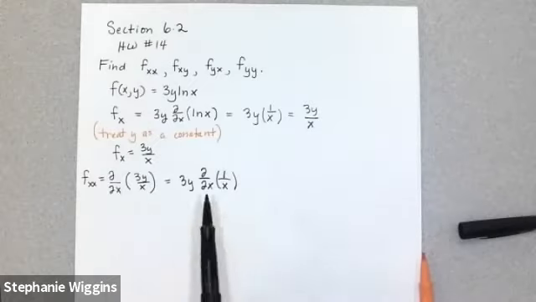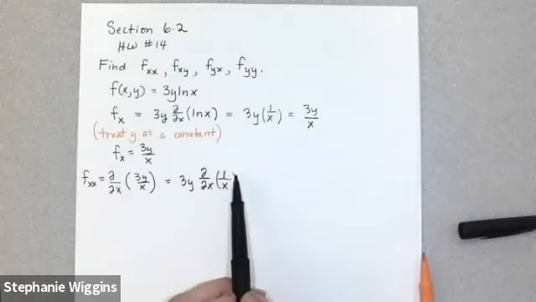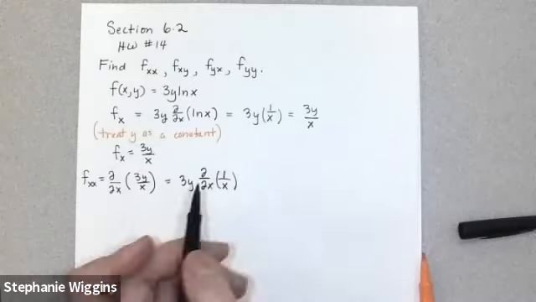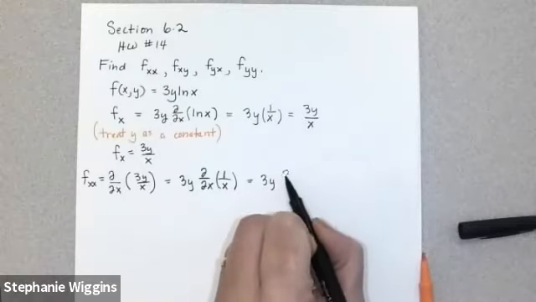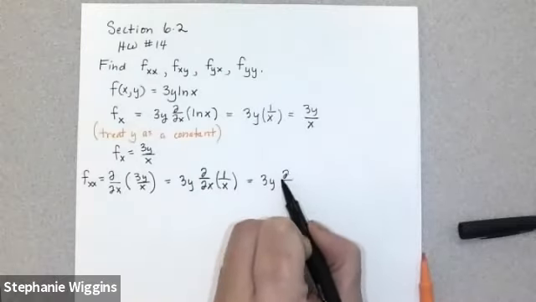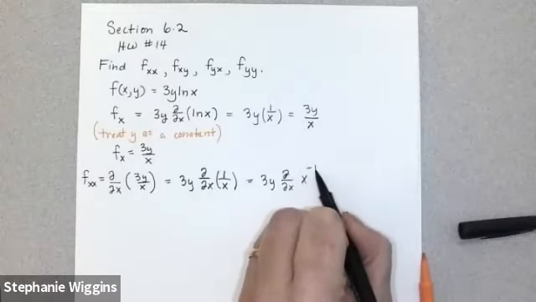Now, in order to differentiate this function with respect to x, I want to write this as a power. So I'm going to write this as 3y times the derivative with respect to x of x to the minus 1.